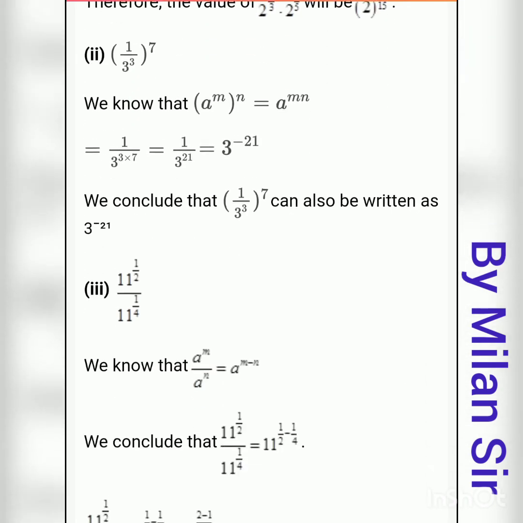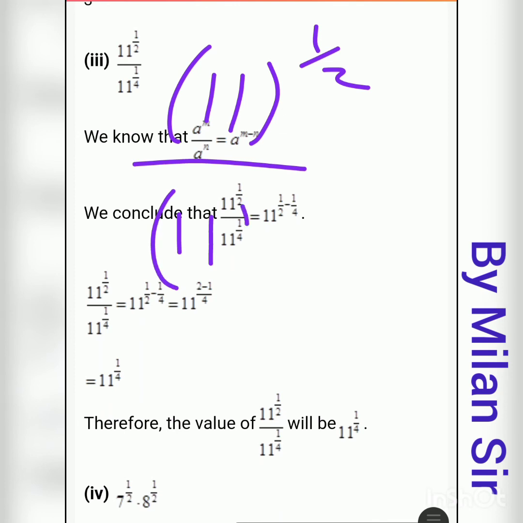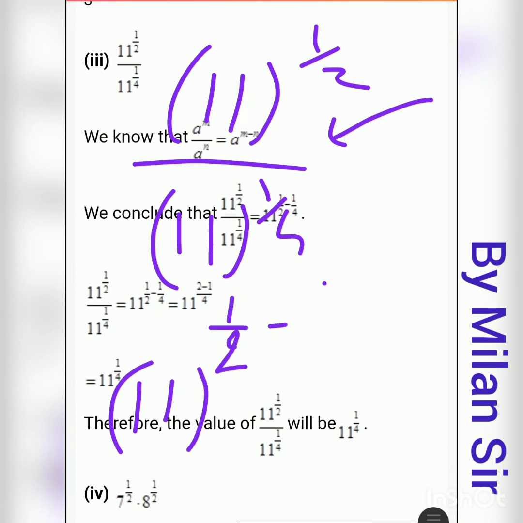Then number 3: 11^(1/2) divided by 11^(1/4). Now if the base is the same and multiplication is there, we need to add the exponents. But if the base is the same and division is there, then we need to subtract the exponents. So here division is there, so we subtract the exponent of the denominator, 1/4, from the exponent of the numerator, 1/2.